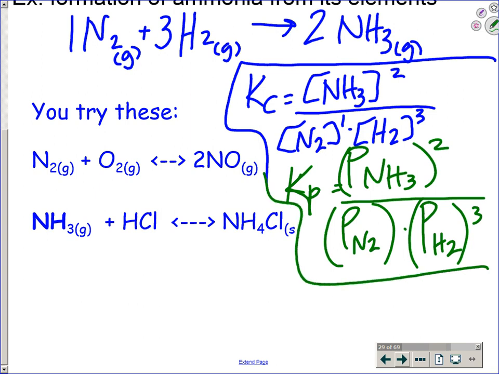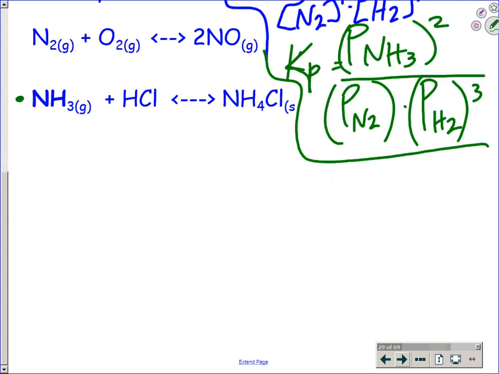Okay, so that's our general setup again. And now we're going to start to get to the point where we can try this a little bit more on our own. You guys do this one down here. And I prefer you to write it in Kc. So Kc for this one right here. This is aqueous.